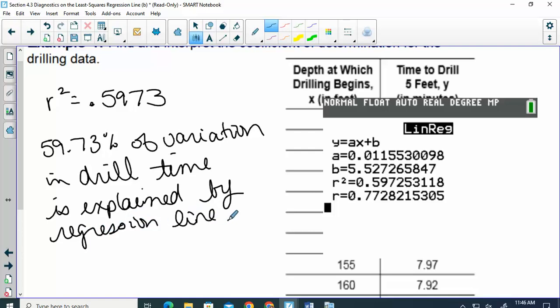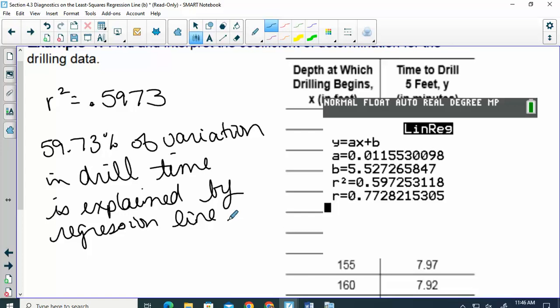Okay, so that means the other 40% is due to something else. So our line is not perfect. It only accounts for almost 60% of the variations in our Y.